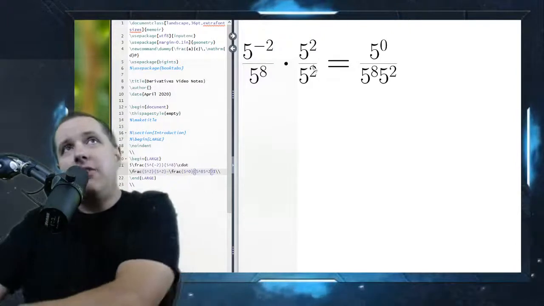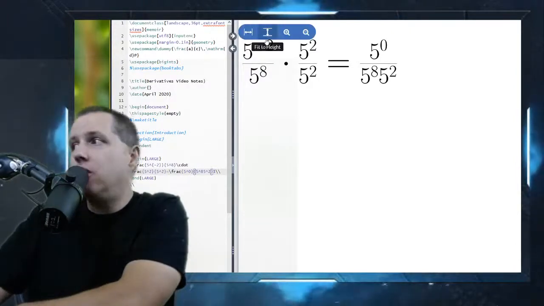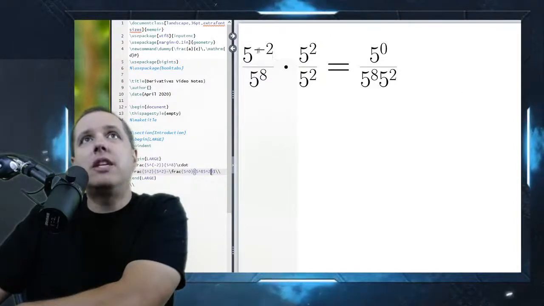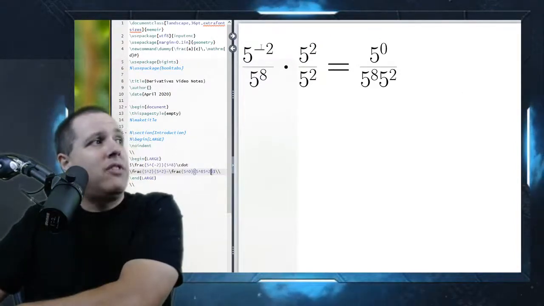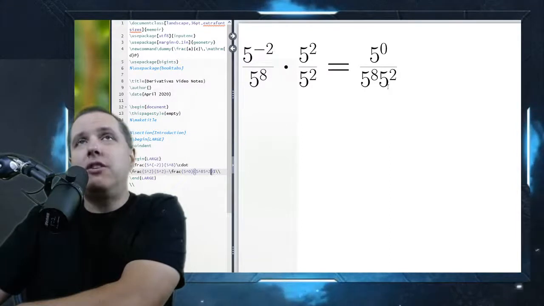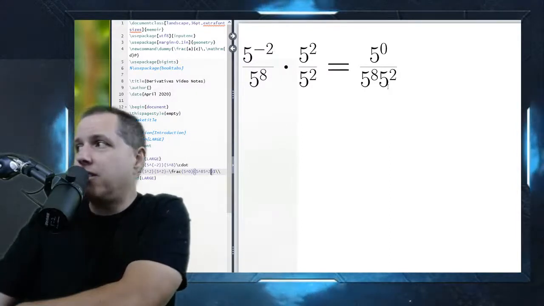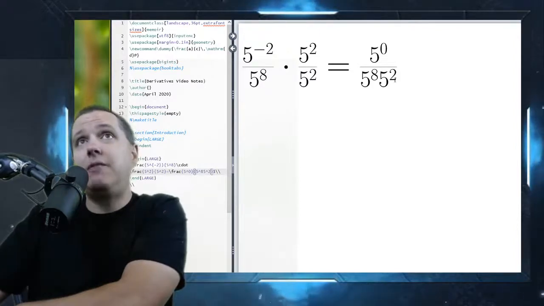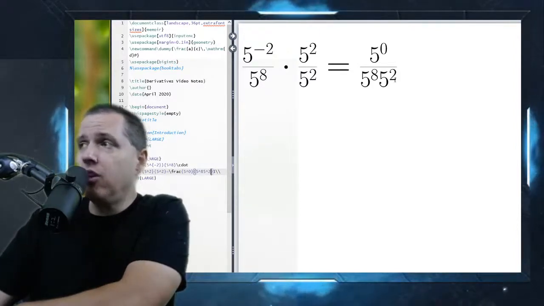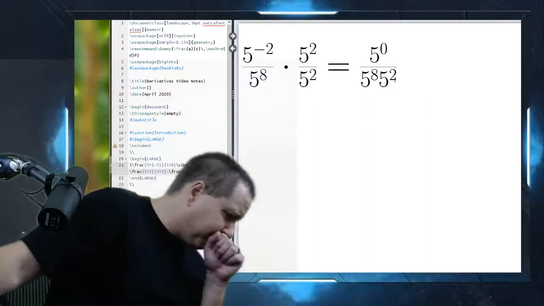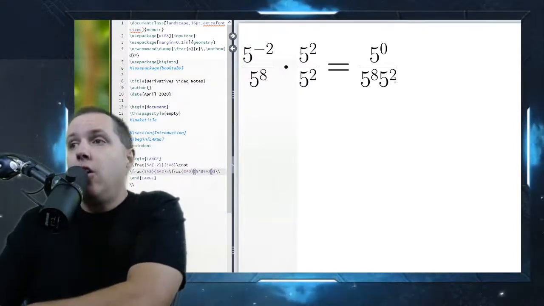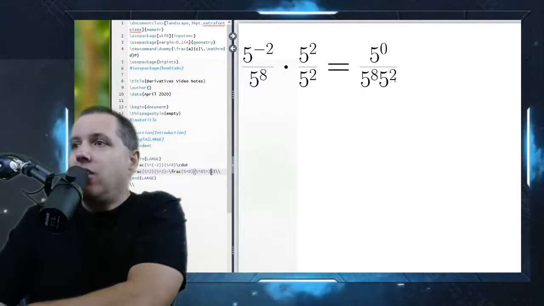You can see how with this 5 to the negative 2, it's real easy to say we just moved it to the denominator and changed the negative to a positive for the negative exponent. Well, yeah, that is what we did, but that's not really a mathematical explanation.